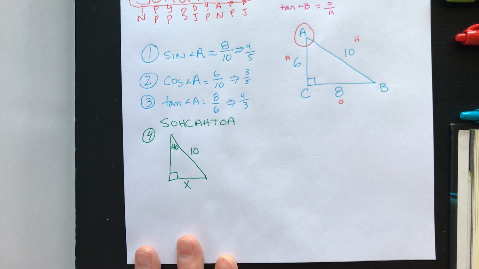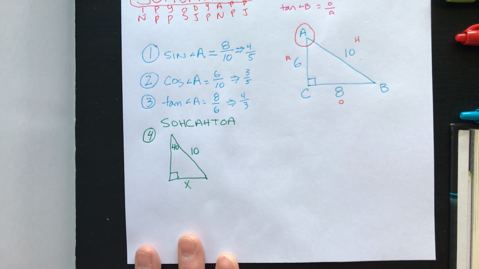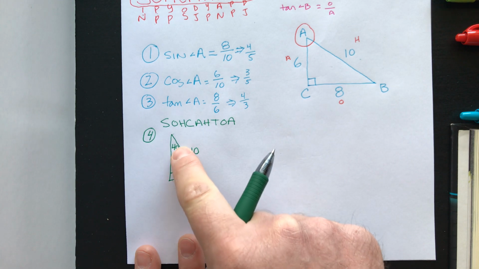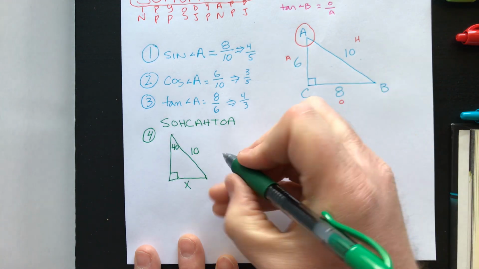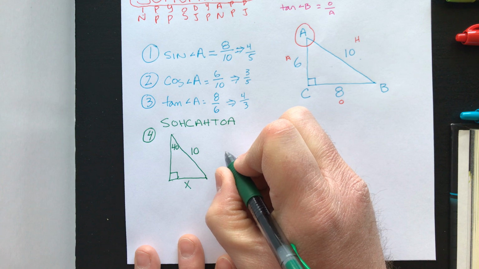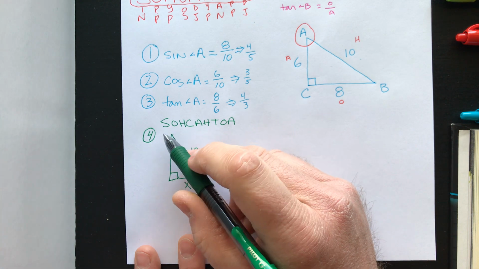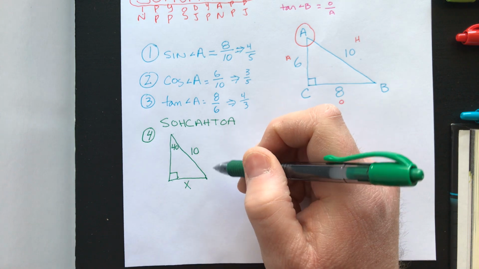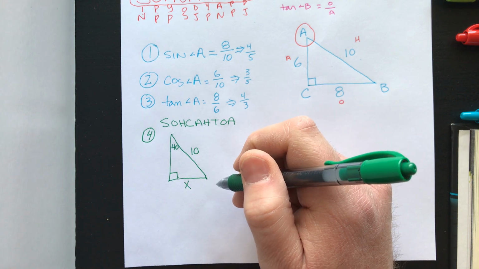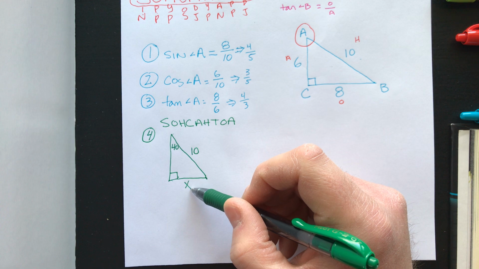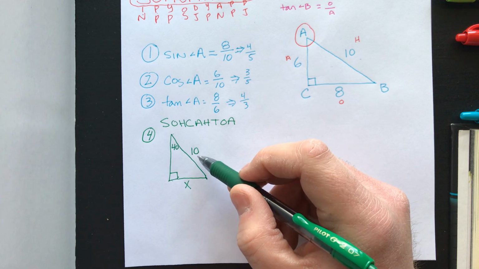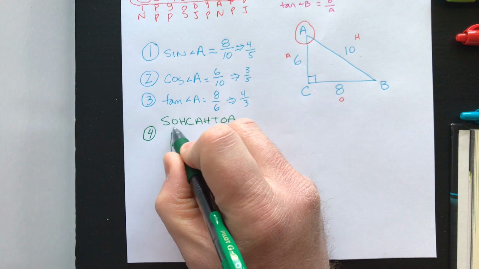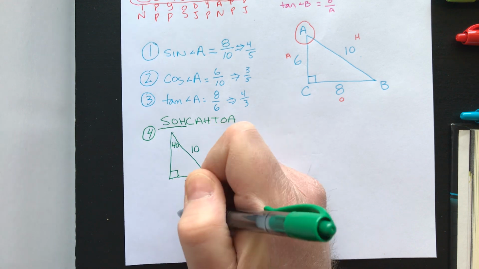So now we're getting into where we need our calculator. We need to solve for x. And remember, rule number 1, the angle measure always goes next to the trig function. But now the question is, what trig function do I use? Well, what are the side lengths that I have? I have an x on the opposite, and I have a 10 on the hypotenuse. Opposite and hypotenuse together uses sine.